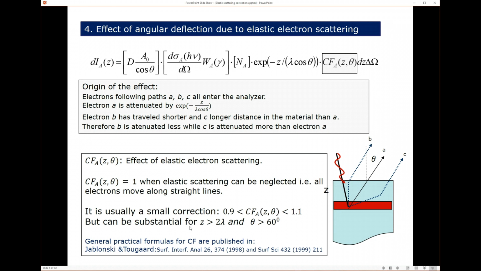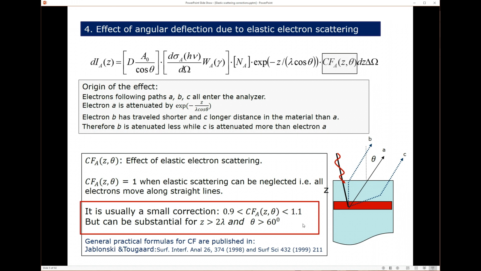For larger depths, it can be substantial, and also for larger angles. Normally we would not use large angles, would normally be within 45 degrees of the surface normal, so the effect of the angle here is usually not so critical.